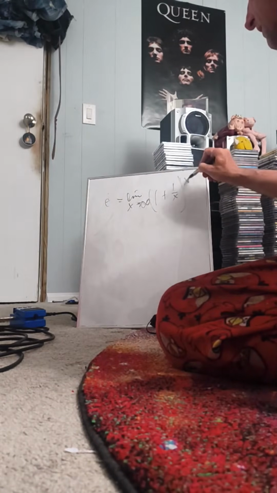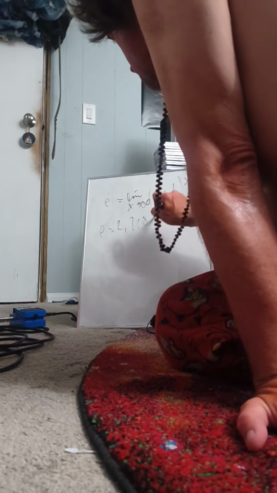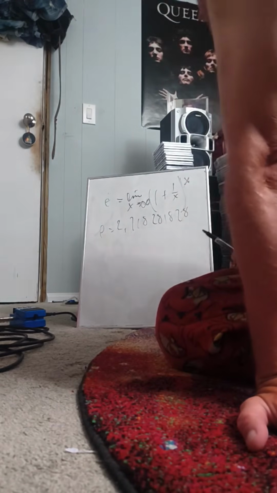That's what e is. And it's approximately 2.718281828, and then a bunch of other numbers.